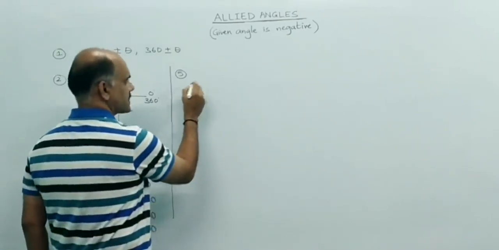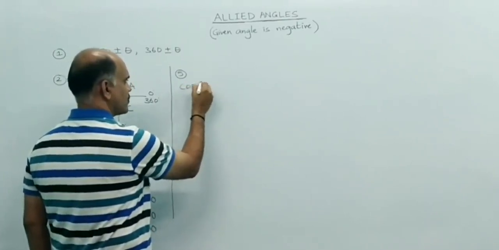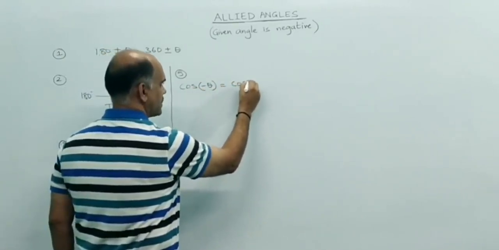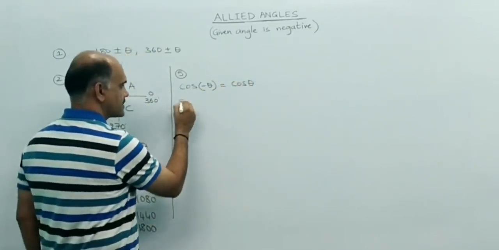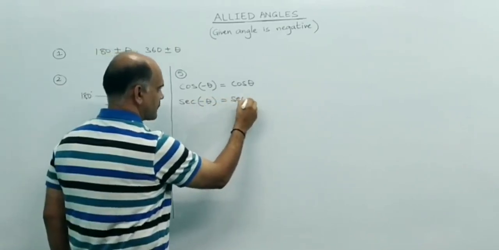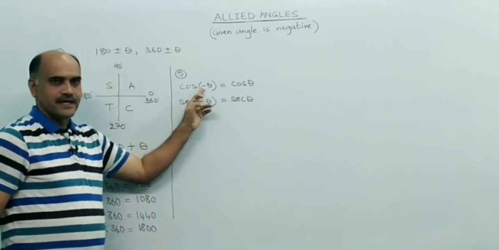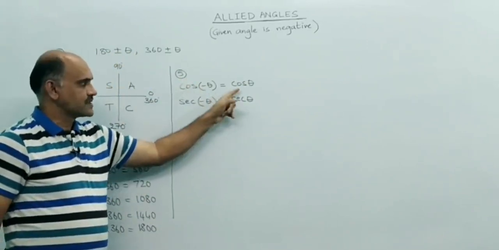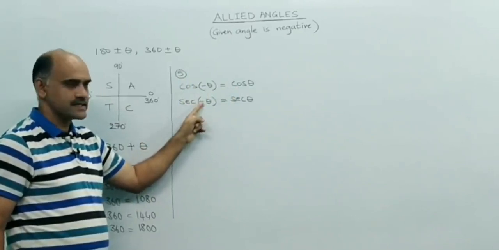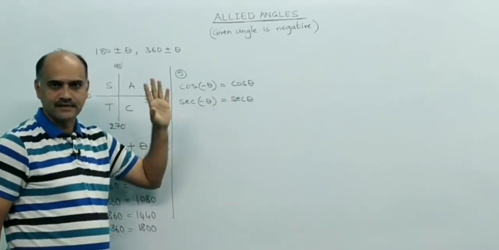So cos of minus theta we write as cos theta, and secant of minus theta we write as secant theta. In cos of minus theta, this minus sign goes and just cos theta remains. If secant of minus theta is there, this minus sign goes, only secant remains, so you will have secant theta.